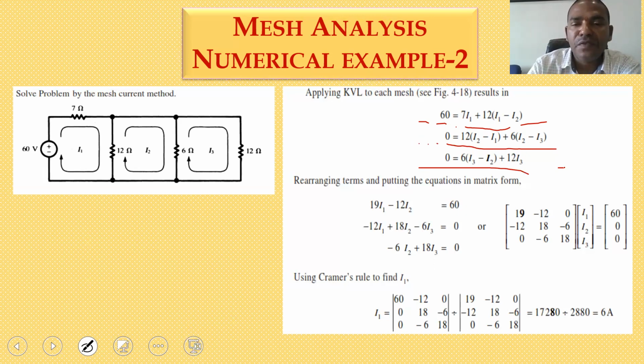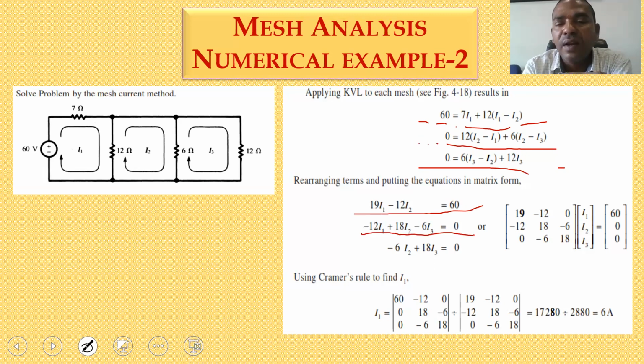If you simplify, the first equation is 19 I1 minus 12 I2 is equal to 60. For the second loop, minus 12 I1 plus 18 I2 minus 6 I3 is equal to 0. And the third loop, minus 6 I2 plus 18 I3 is equal to 0.